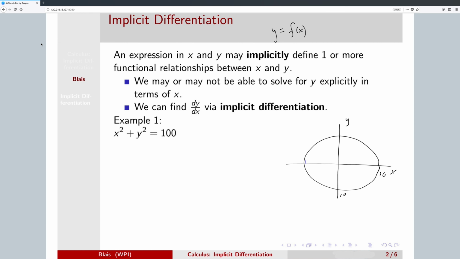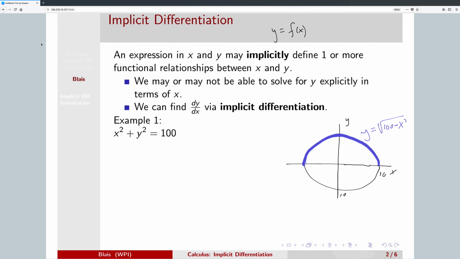But if we restrict ourselves to the top half of this graph, that would be the function y equals the positive square root of 100 minus x squared.